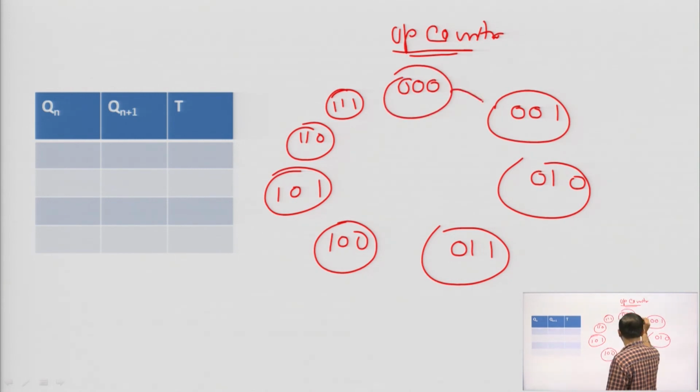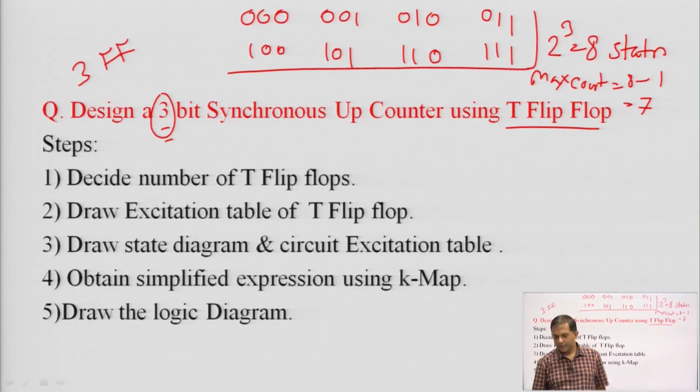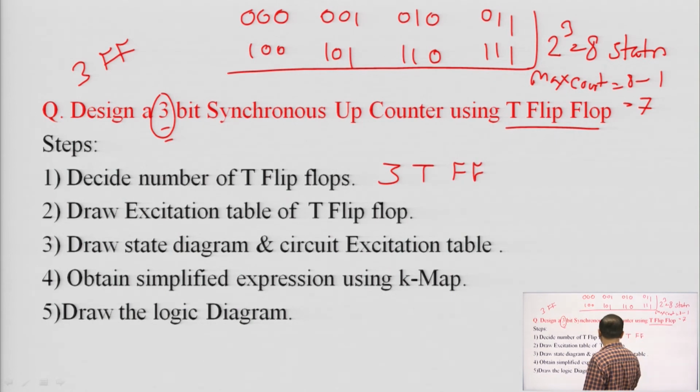So, up counting like this, this is nothing but the state diagram of the up counter. Let us check the states. First of all, we have to decide the number of T flip flops. With 3 bits, 3 T flip flops are needed.